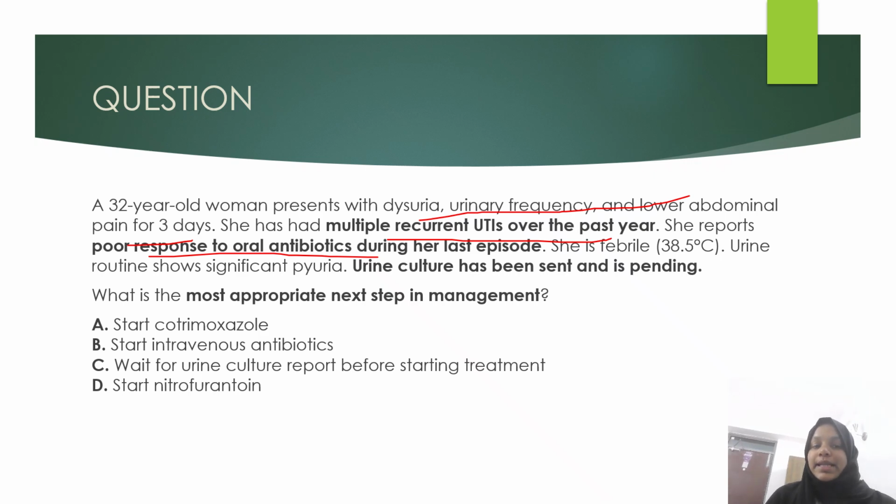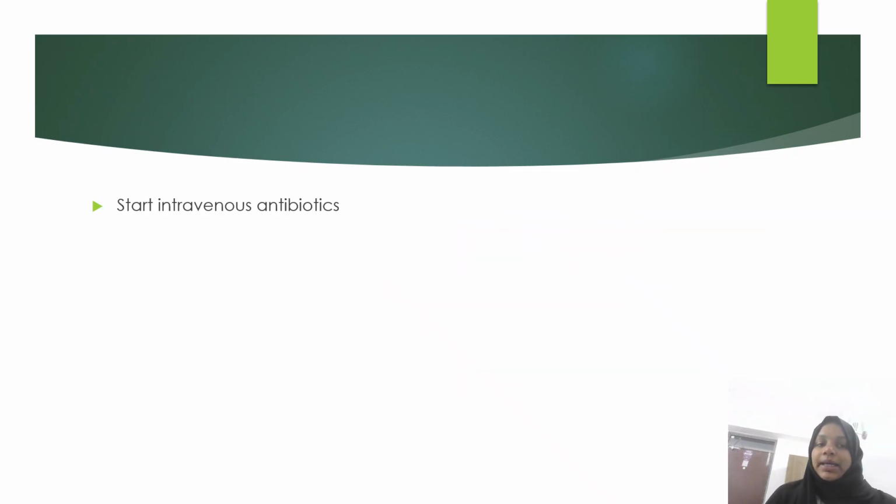What is the most appropriate next step in management? Now, do you give cotrimoxazole or IV antibiotics, or urine culture, or nitrofurantoin? Here you can start IV antibiotics because they had a poor response to treatment previously and also are febrile and having all the symptoms.